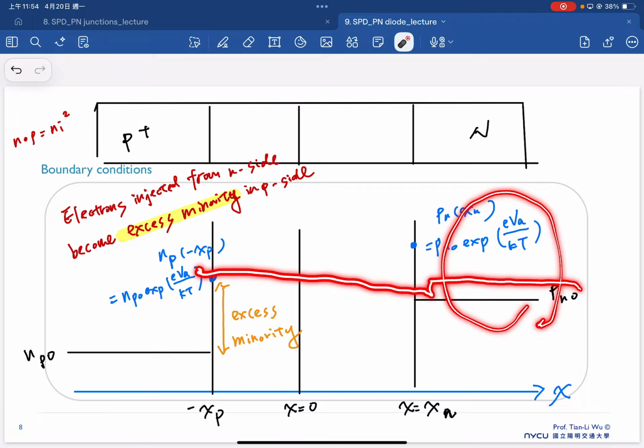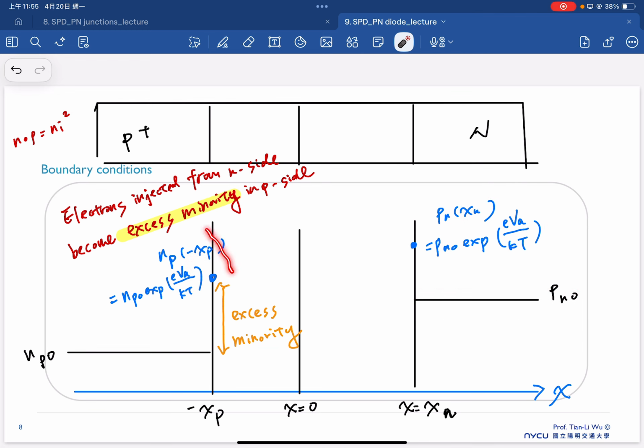But also this additional electron is not originally in the P region, it's an additional one. So this electron becomes the excess carrier. So finally, reaching this region, this electron becomes an excess minority in the P region, as shown here. So that's what this graph wants to illustrate.